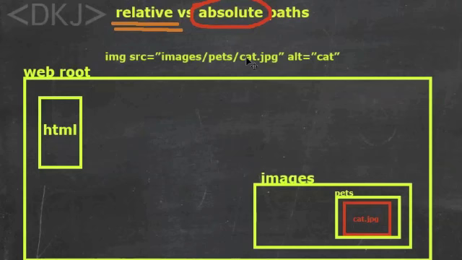What you're telling the browser is how to find your image, in this case cat.jpg, by following a path of folder, file.